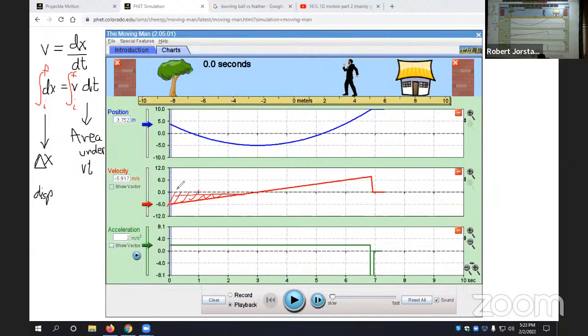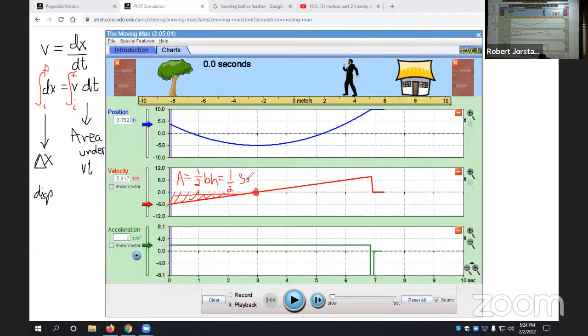How do we do it? What's an equation I could use to get the area of that shape? 1/2 base times height. I got the 1/2. What's the base? If we're going all the way out to this point right there, what's the base?